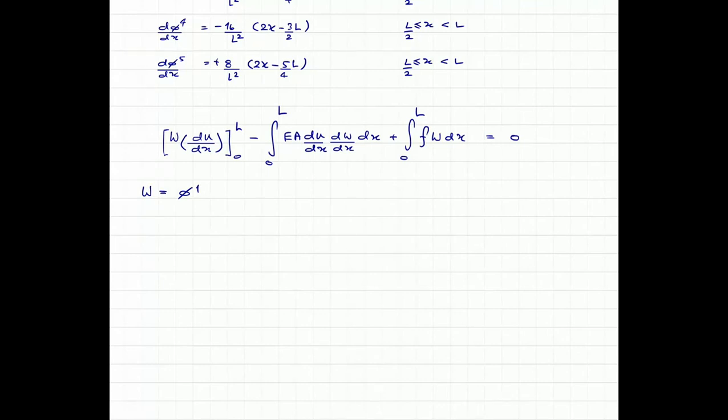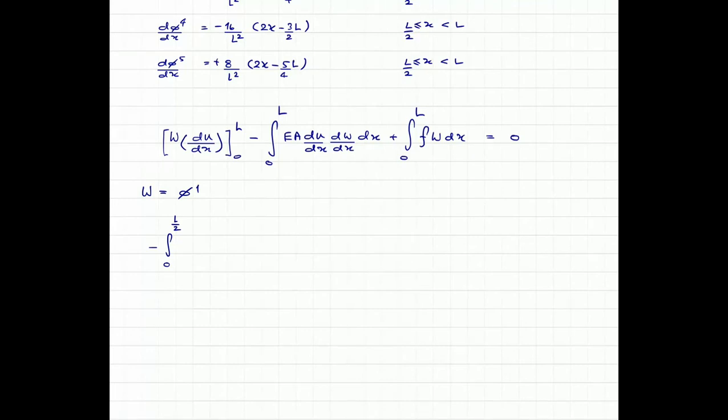So we have the part from 0 to L/2. For the part from L/2 to L, you will find that W is 0. If W is 0, then we do not have to evaluate that integral.